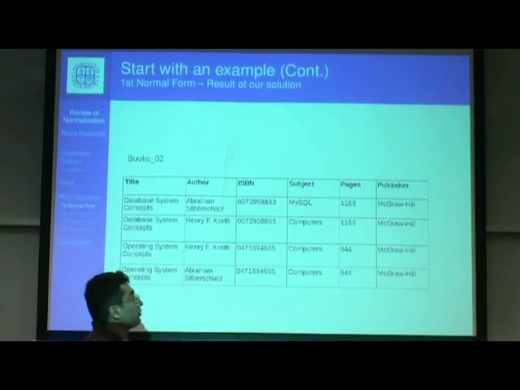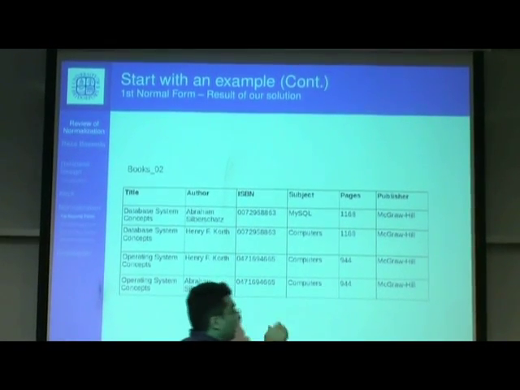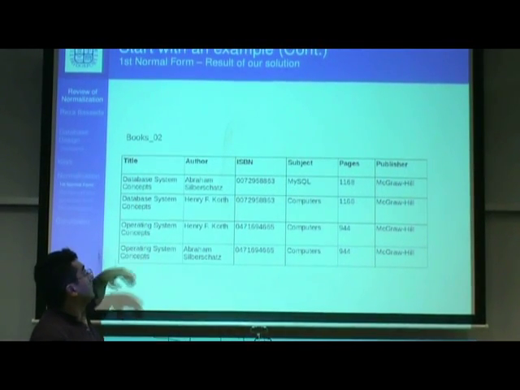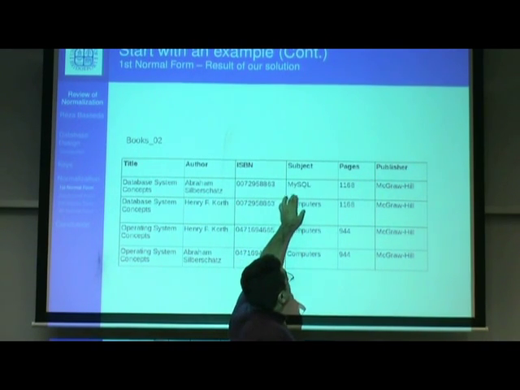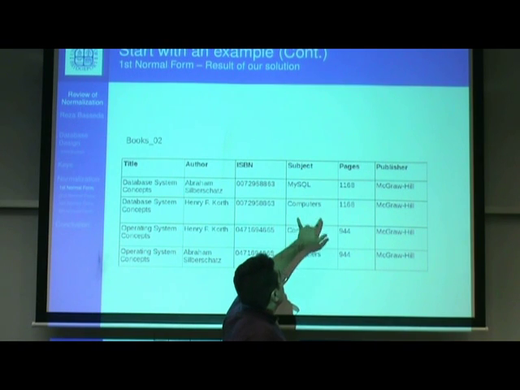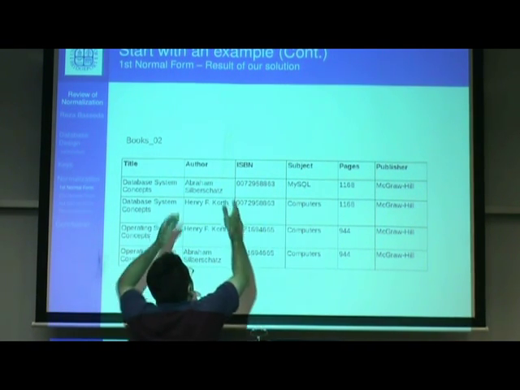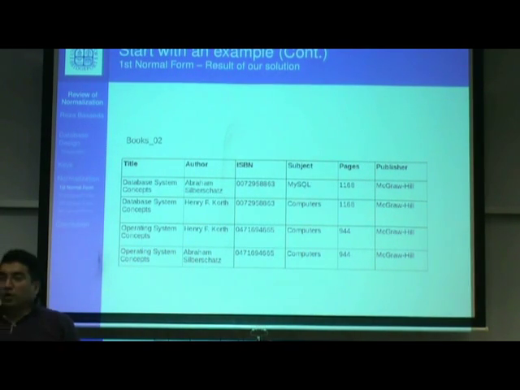Now the subject is, I'm not showing the whole table. The table should have 6 rows. I didn't have space, but the size of the subject is now consistent. This is exactly the same size. You don't have a multiple-value attribute, and the authors of the book are not author 1 and author 2.